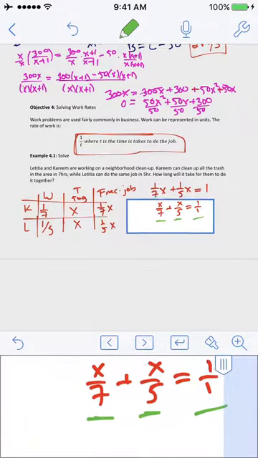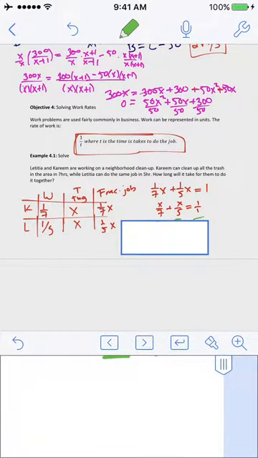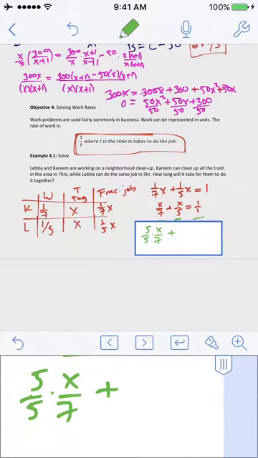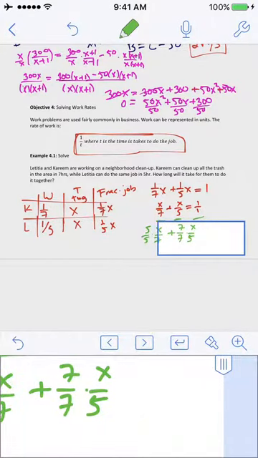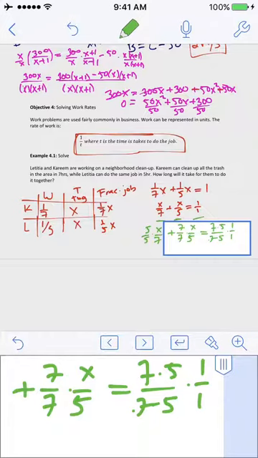So I'm going to make everything 35. In the first equation, I need to multiply by 5 over 5 to the x over 7 plus a 7 over 7 to the x over 5 is equal to a 7 and a 5 over the 1 over 1.